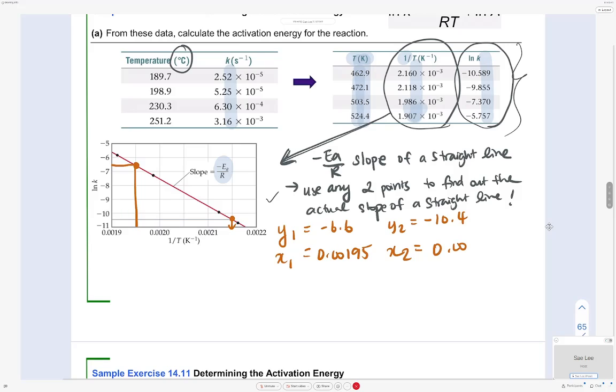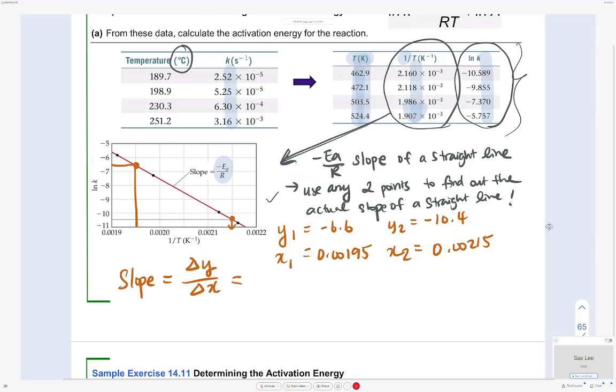In order to find the slope, the equation of slope is delta y over delta x, the change of the y-axis over the change of x.